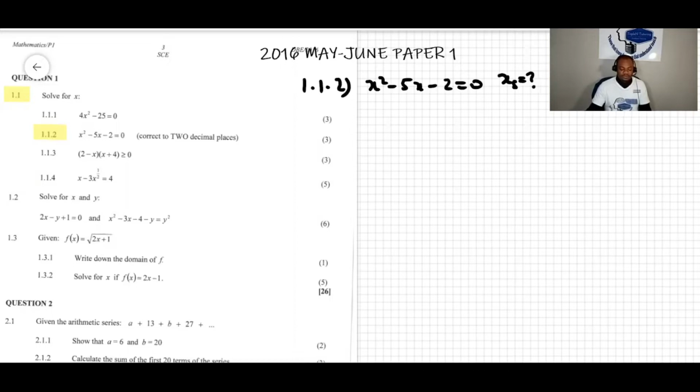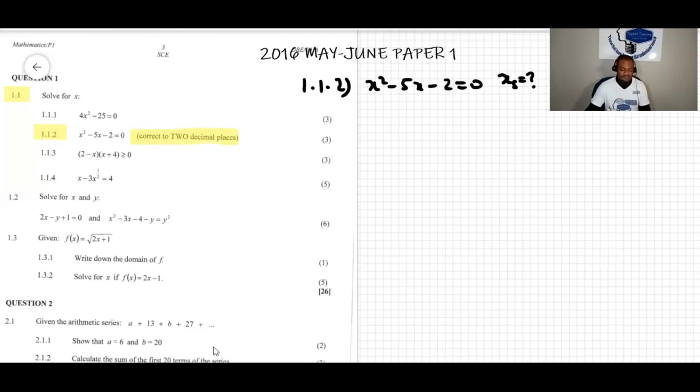Okay, it is important. Let me give you a trick here. Whenever you see in the question a statement like "correct to certain decimal places" or "leave your answer in surd form", understand that here you should not solve the equation by factorization, okay? You must solve this equation by the quadratic formula or by completing the square.